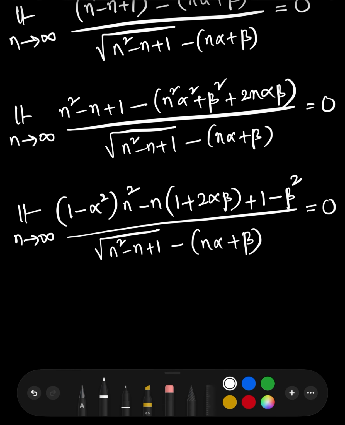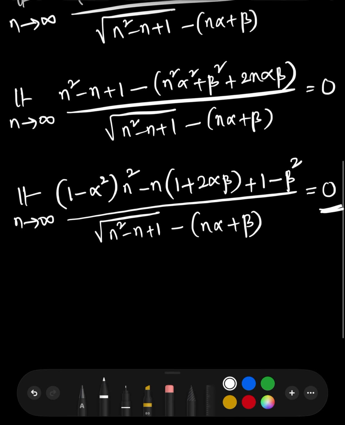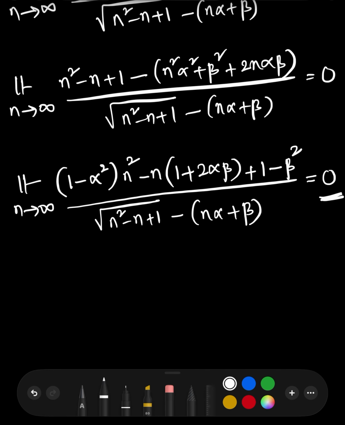Now coming to the question, the limit value is a finite quantity and that finite quantity equals 0 according to the question. If it is finite and equal to 0 when n approaches infinity, the degree of the numerator should be less than the degree of the denominator. What is the highest degree in the denominator?